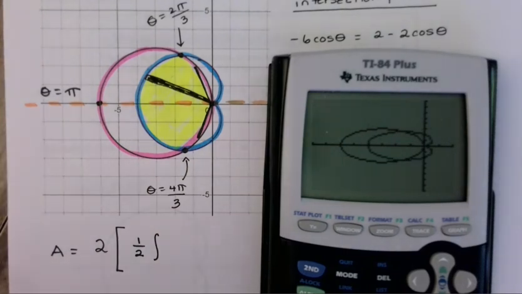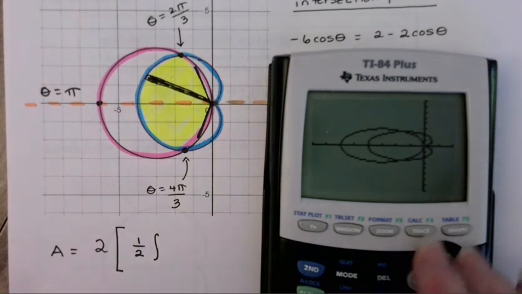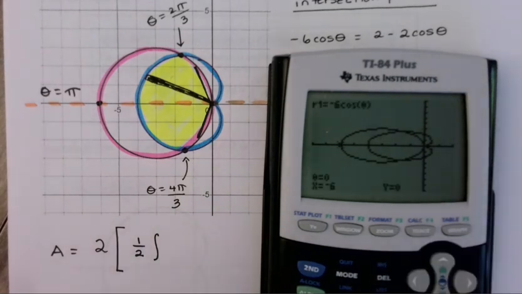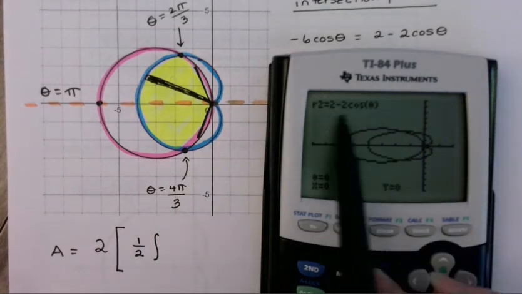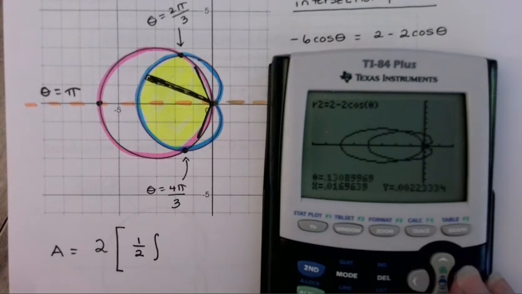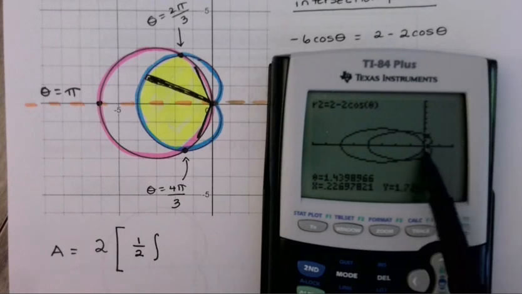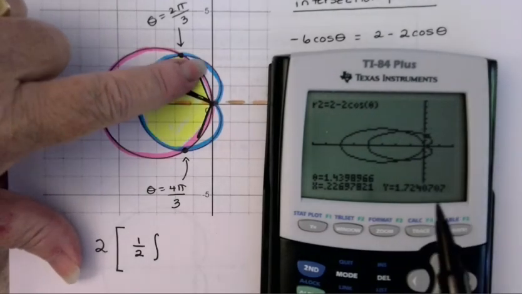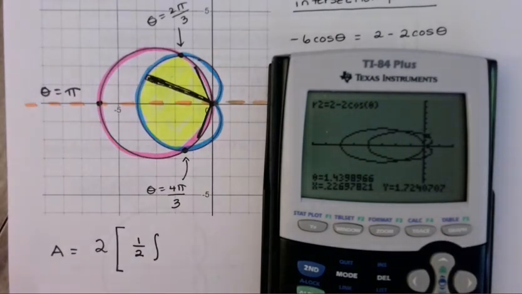All right. So if I start to trace this, and I'm actually going to trace along the cardioid, 2 minus 2 cos theta, notice that as I start to trace, I am going up here along this part of the cardioid, which has nothing to do with my area.